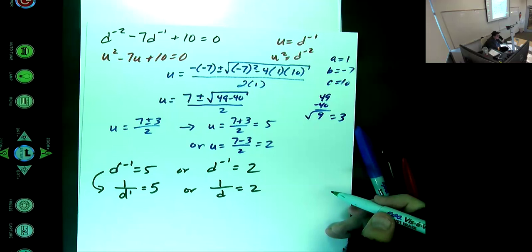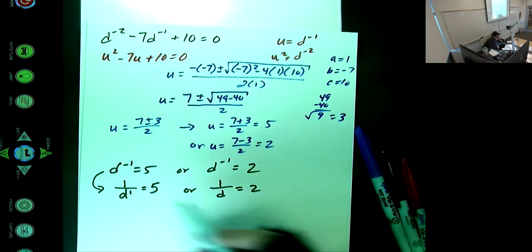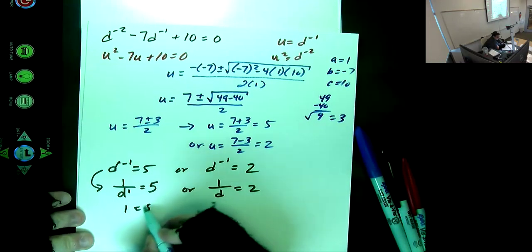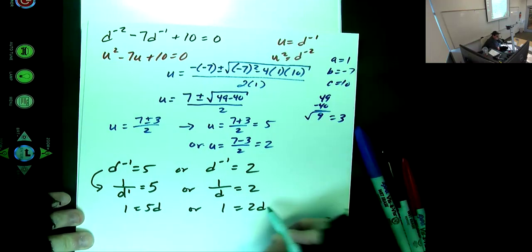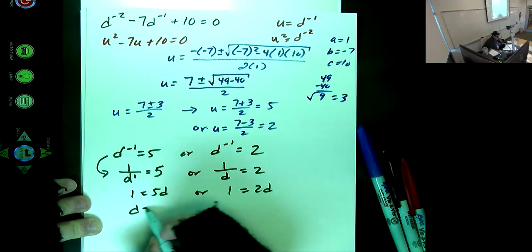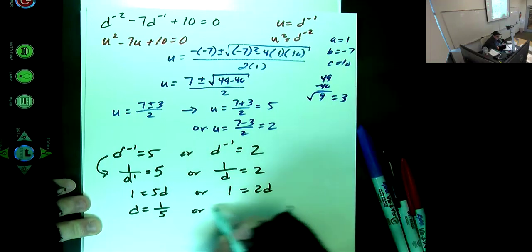So you have to multiply them. Yeah, you multiply by d. So we get d equals 1/5, or d equals 1/2.